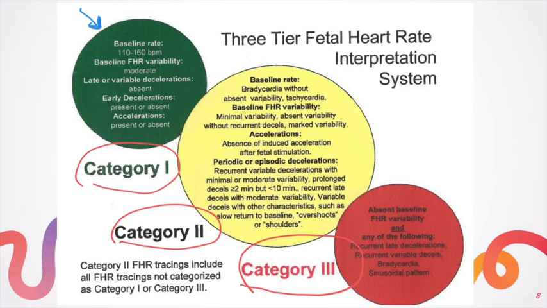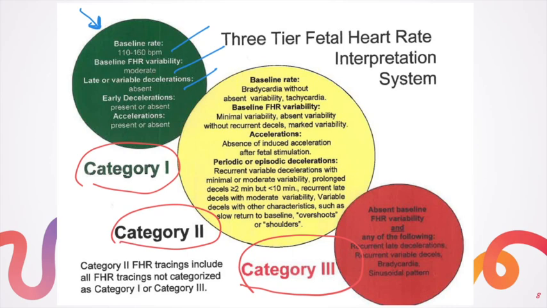So I want you to learn what a Category 1 tracing is. You've got your fetal heart rate of 110 to 160. That's normal. We have moderate variability, which you'll keep learning about, okay? Absent late or variable decelerations, and you can have accelerations too.